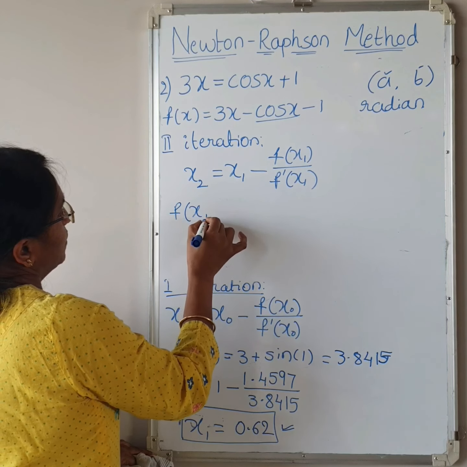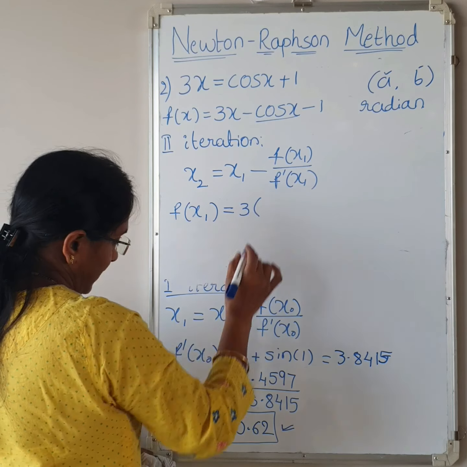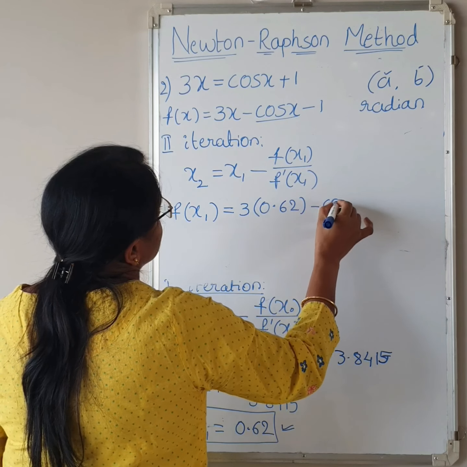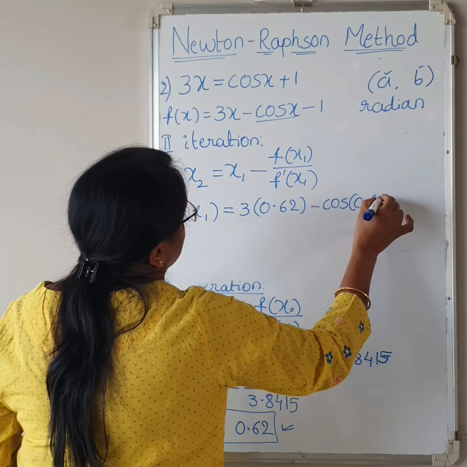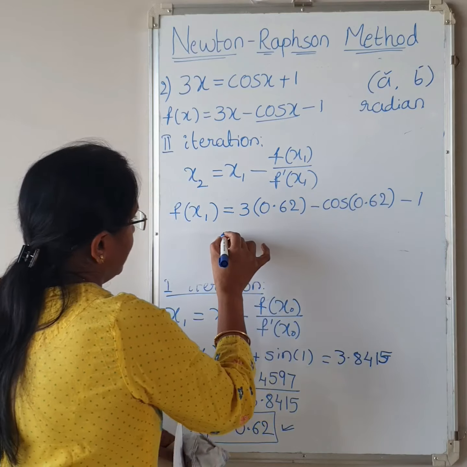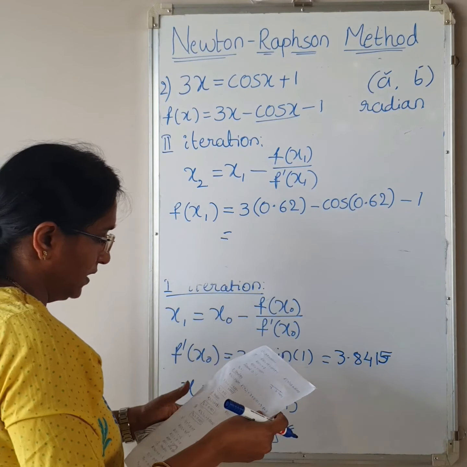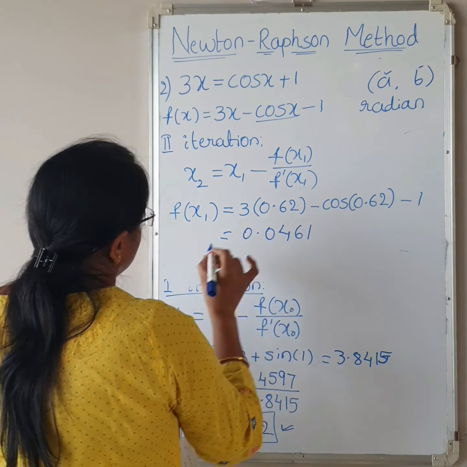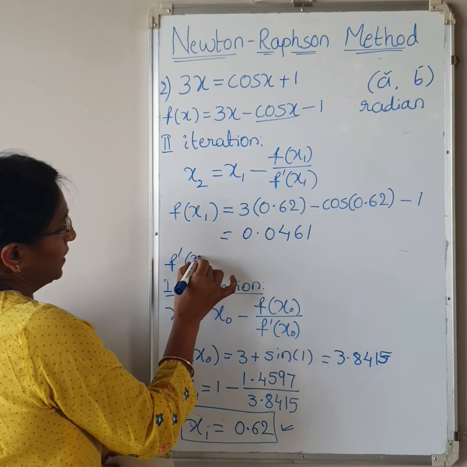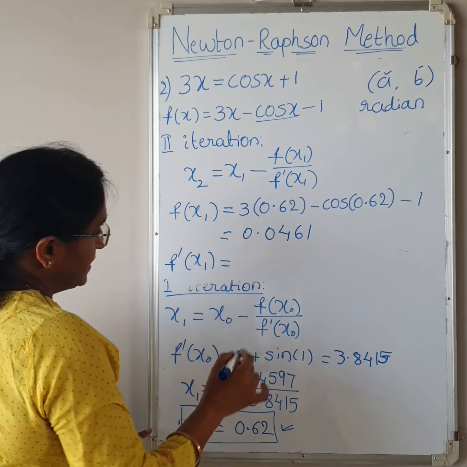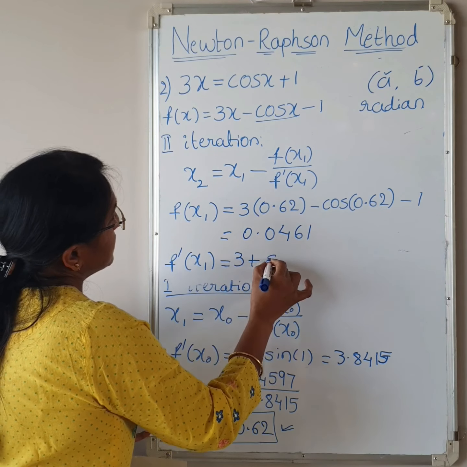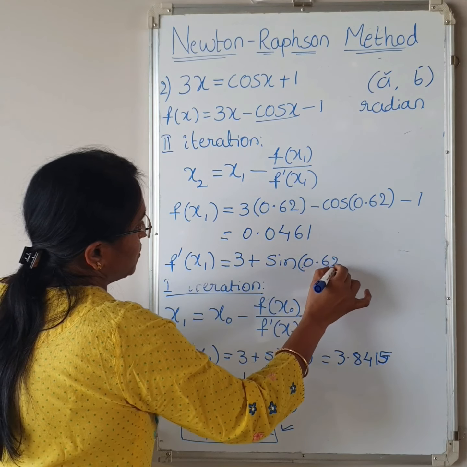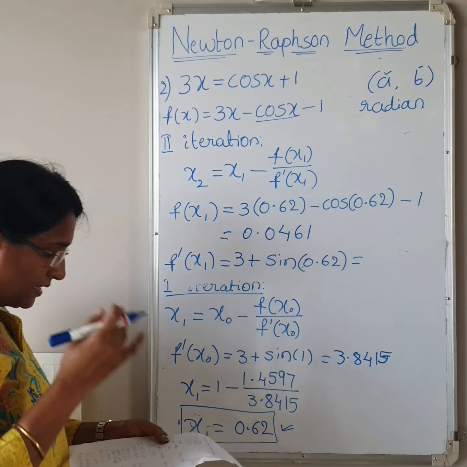F of x1 is equal to 3 into x1, which is 0.62, minus cos 0.62 minus 1, and the answer is 0.0461. Next f dash x1, it is 3 plus sine x1, where x1 is 0.62, and the answer is 3.581.